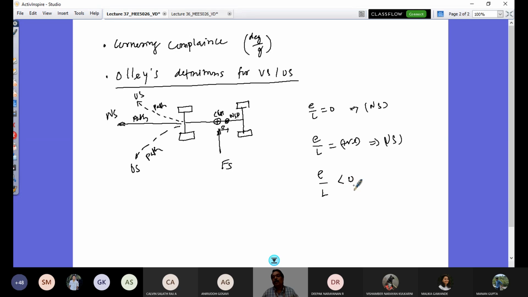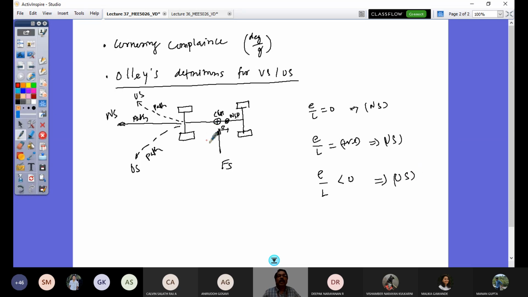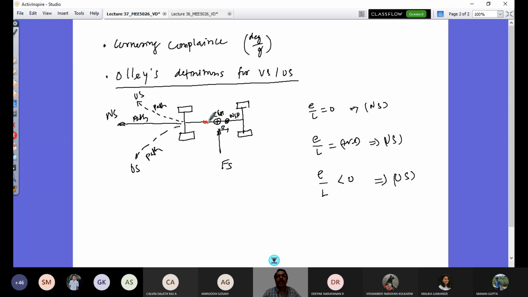is less than 0. That means it is negative and you have your oversteer tendency. That means, in the other case, let me put that with the red color, I will have my neutral steer point here and E is measured from here. And you see this force which is acting at CG would create a yaw moment in the sense that the vehicle would come inside, on the side of the disturbance.